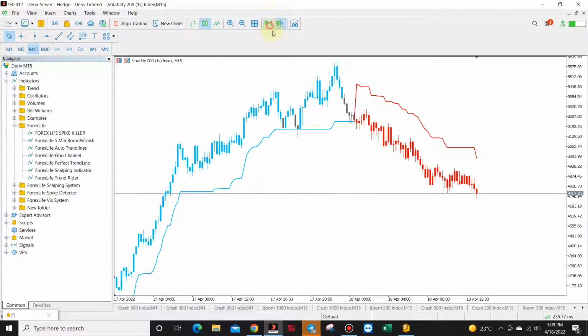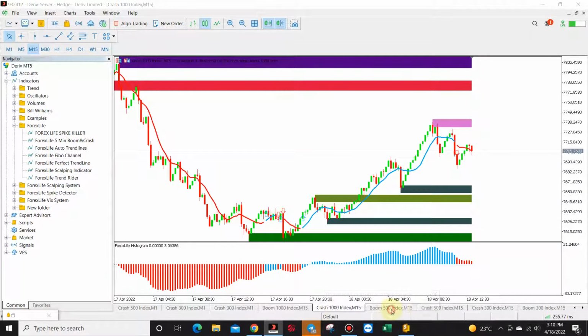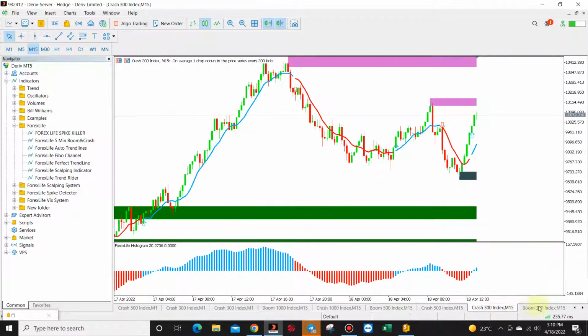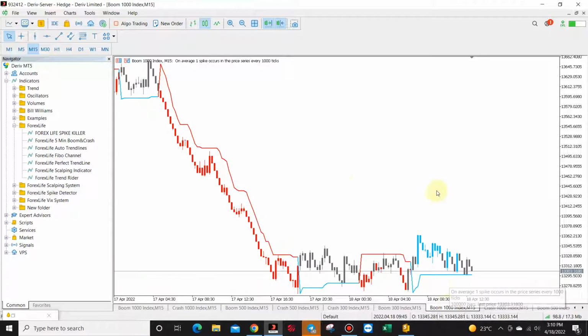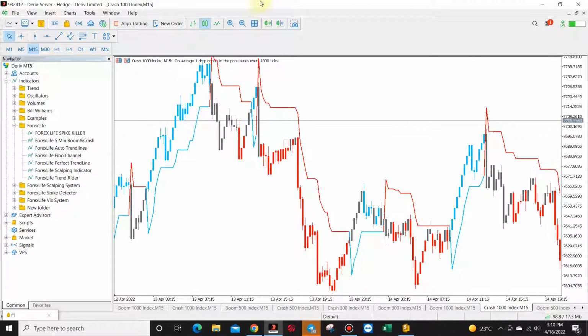It's working pretty good. If we go back to Boom 1000, okay, that's the scalping system. Over here, Boom 1000, it's still not closing below the blue trend rider, so we will still stay in this trade.